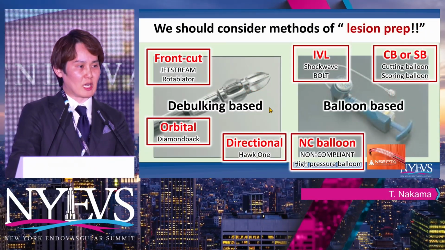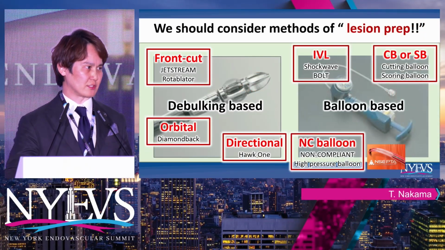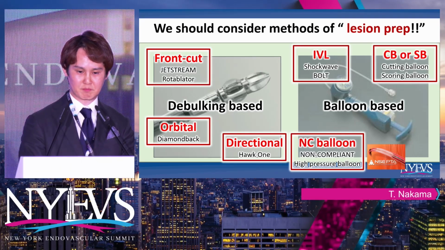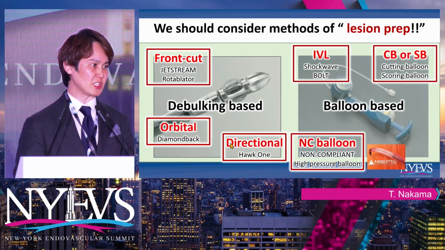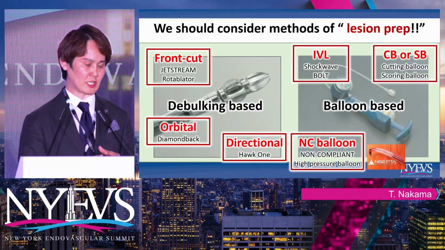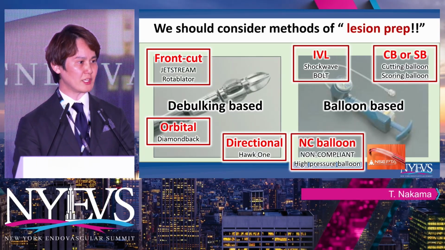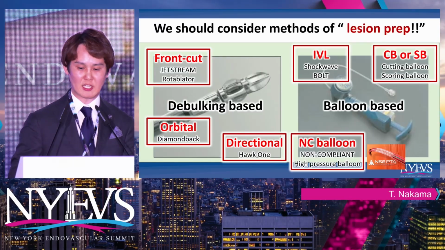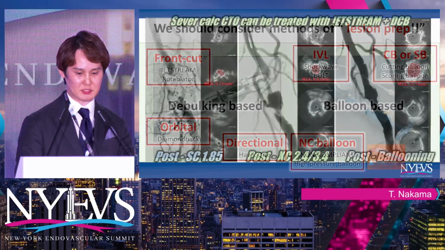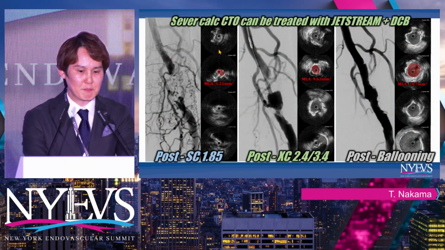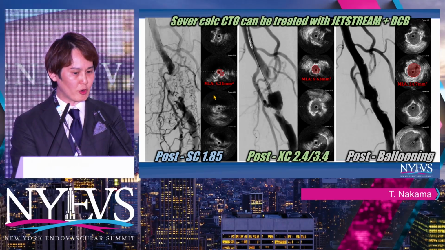Then how should we decide which is a better strategy for lesion preparation for each lesion? We distinguish several lesion preparation devices into 2 categories. One is a debulking-based strategy, the other is a balloon-based strategy. A debulking-based strategy can reduce the volume of the calcium.